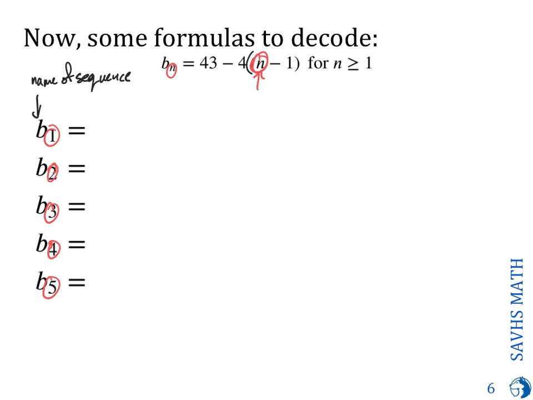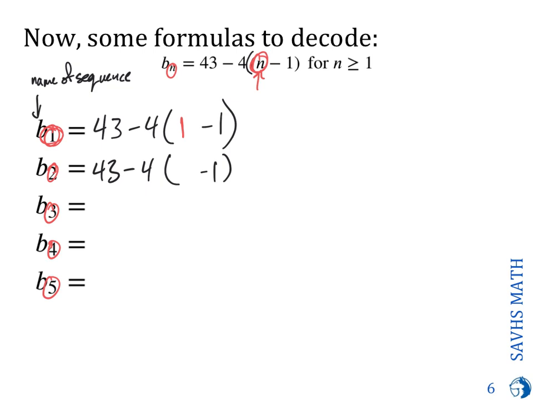So what I'm going to do is write out the whole formula a couple times. I'm going to look at what B1 is. Excuse my voice crack. So I'm going to rewrite the whole thing. 43 minus 4 times N, and N in this one says 1. So we write 1 minus 1. Do the same thing, 43 minus 4. This time N is 2, so we need to write 2 here.